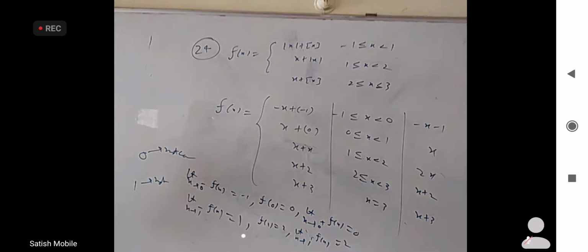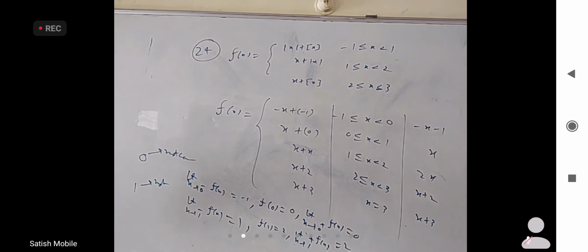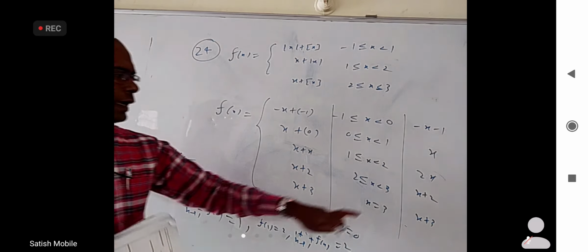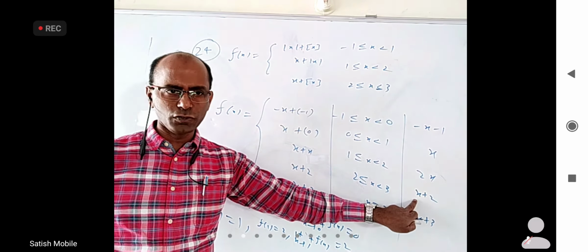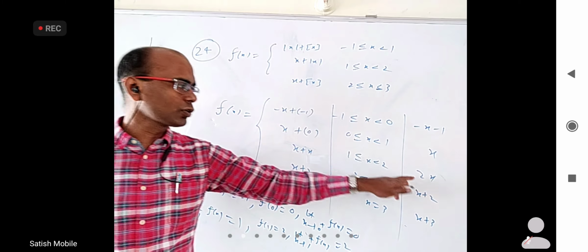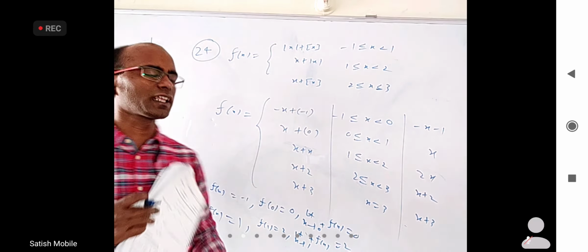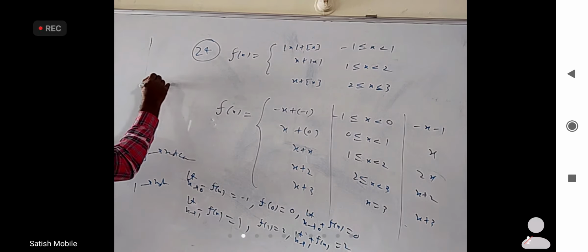Next, I have to check at 2. At 2 you can see this is 4, this is also 4. Just before 2 it is 4, just after 2 it is 4, so it is continuous at 2.